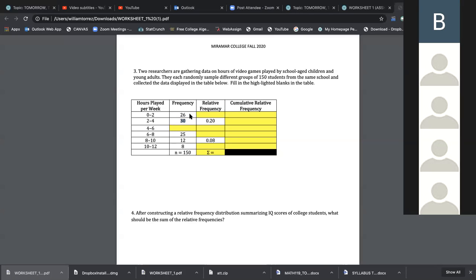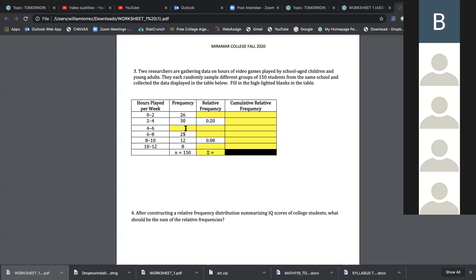And he's binned the data based on these pre-assigned classes here. So he has chosen these 6 classes, and he's going to divide up the data into these 6 classes, the distribution of the data. Okay, so he's counted 26 in the first class, 30 in the second class, and so on.